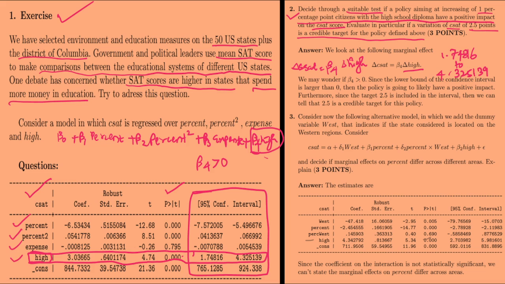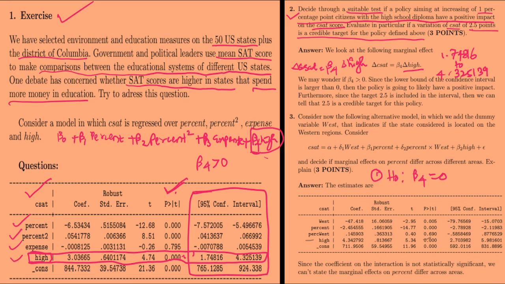How are we saying that beta 4 is greater than 0? If you go for a hypothesis test, the null hypothesis is beta 4 equals 0. You can see right away that the probability value is less than the significance level, so you are rejecting the null hypothesis, and it also concludes that beta 4 is statistically significant. That's number one. Number two is that the 95% confidence interval they have already given us lies between 1.748 and 4.325139.